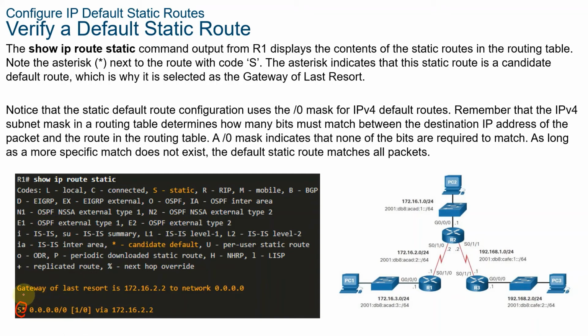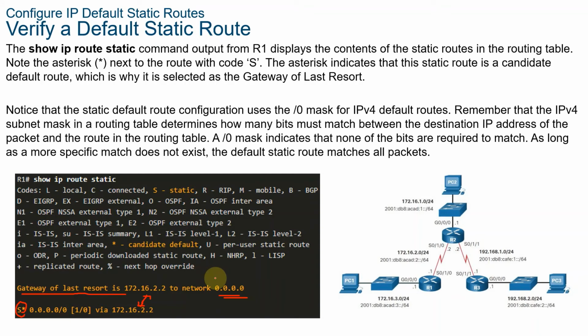If you observe here, you also have the gateway of last resort, which is 172.16.2.2, to network 0.0.0.0, meaning any network. Notice that the static default route configuration uses the /0 mask for IPv4 default routes.